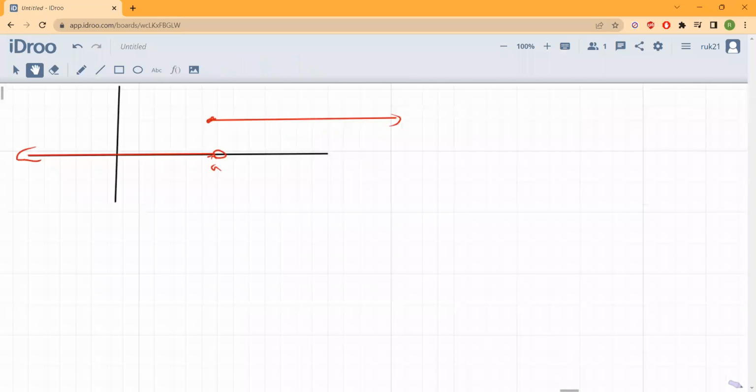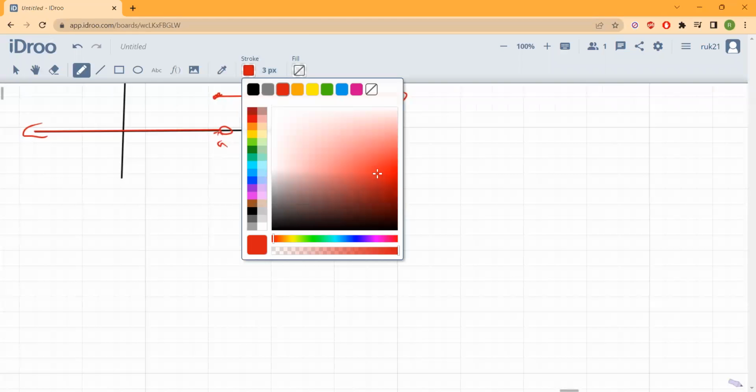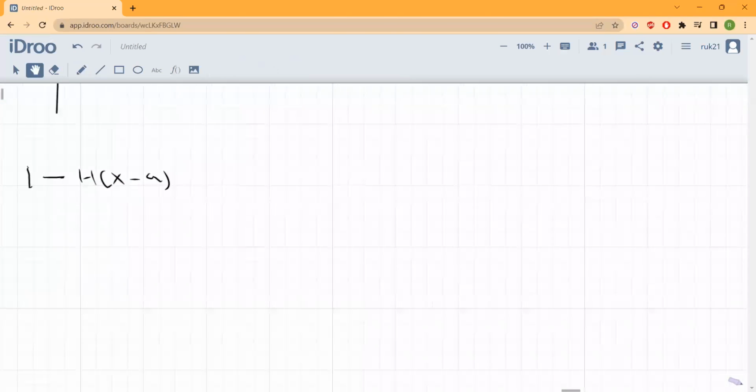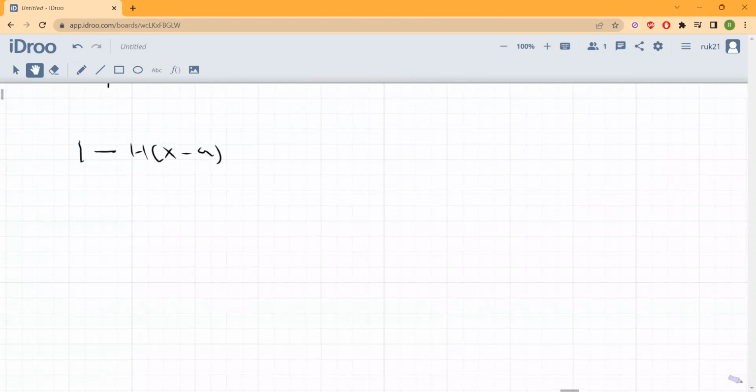Now, let's take a look at 1 minus h at x minus a. And over here, we can analyze it both in terms of moving our function, and in terms of how this would look mathematically. So let's start with the mathematical approach.